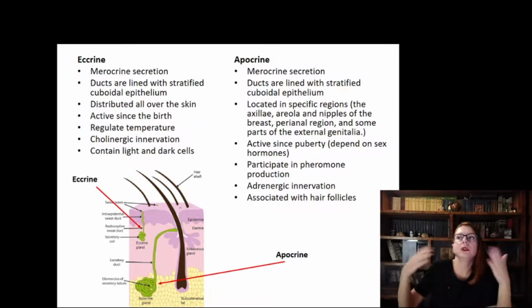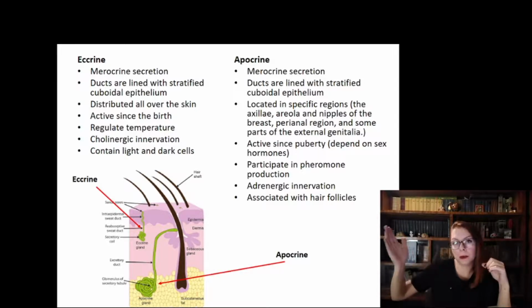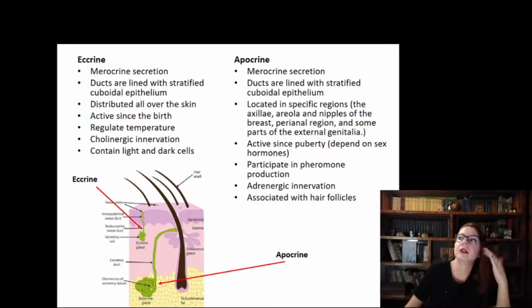So they secrete water and some amount of salts, and when water is evaporated from the surface, it provides cooling, and in this way, by sweat production, we decrease the temperature of the body, during active physical exercise, for example.